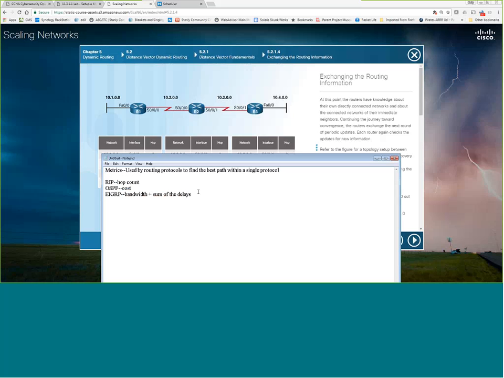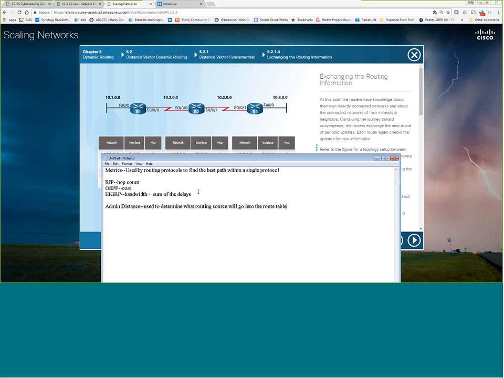Administrative distance is used to determine what routing source will go into the route table.